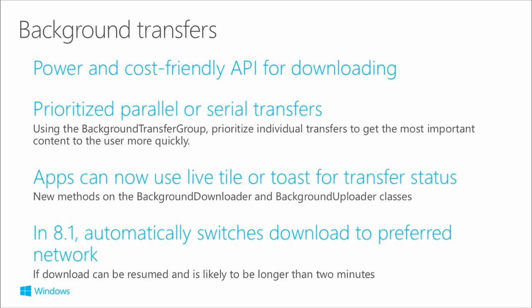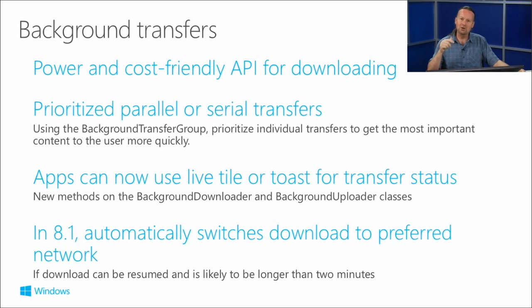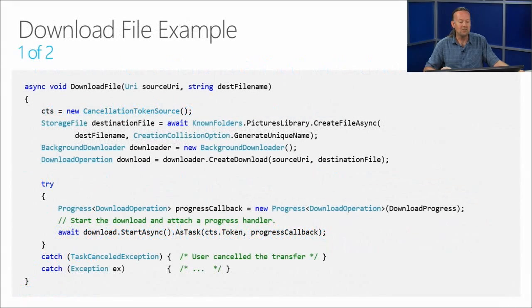It allows you to do parallel or serial file transfers. You can have transfer groups. It's also got some nice features for updating tiles and sending toasts when a transfer is completed, so you can just set properties to do that. You don't have to write any code to do it. And the cool thing is, it actually knows all about expensive networks and will automatically switch to cheap networks, so it's kind of cost-friendly as well.